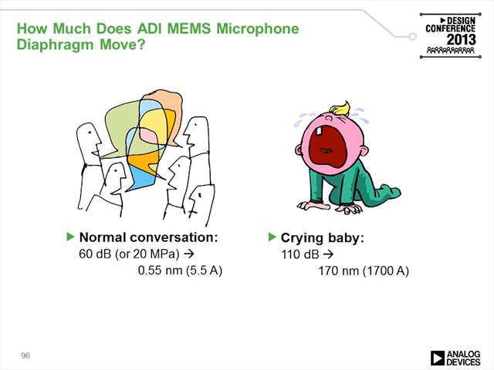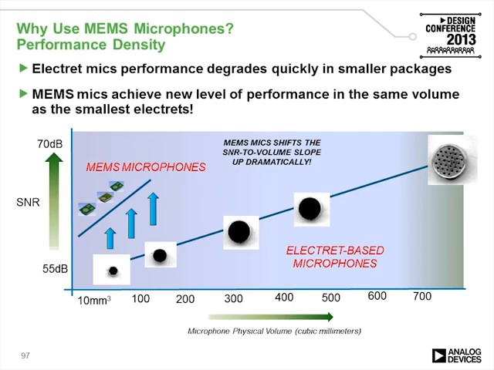So both of these are not huge amounts of motion, not huge differences in capacitance, but we at Analog Devices have been making accelerometers for years. We know how to measure very small differences in capacitance. So we make what we like to think are pretty good MEMS microphones.